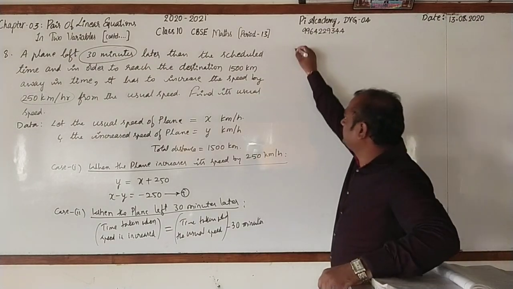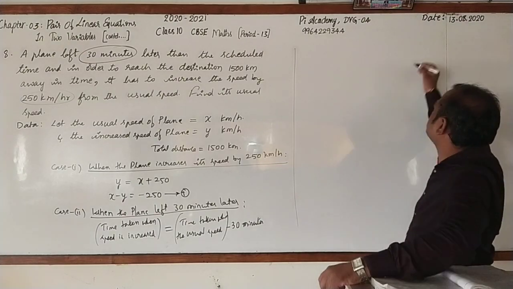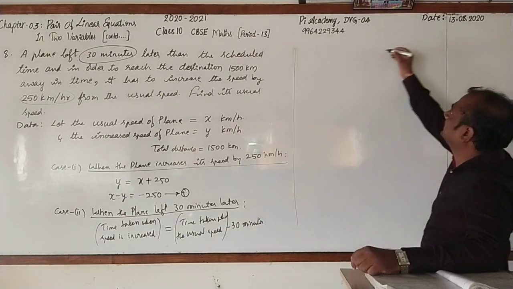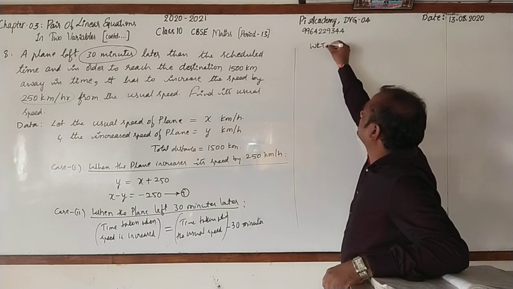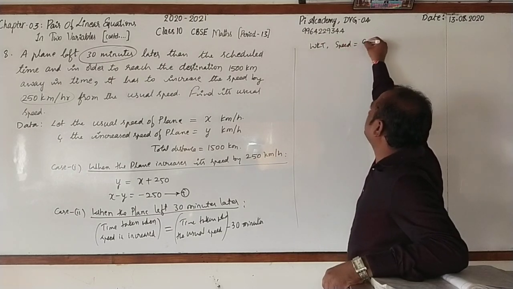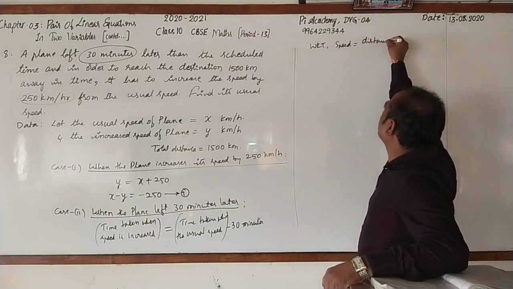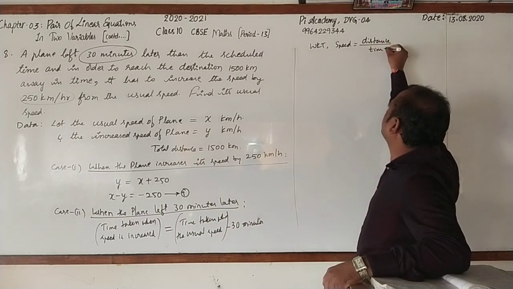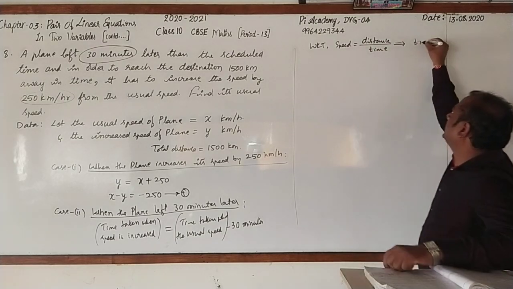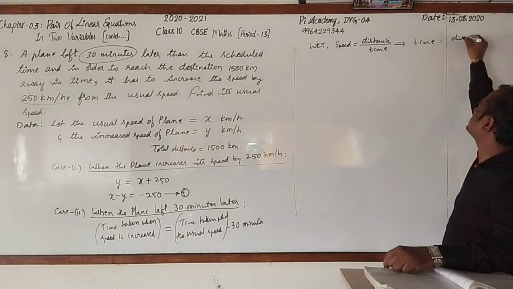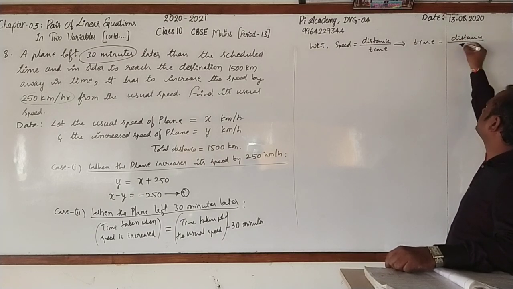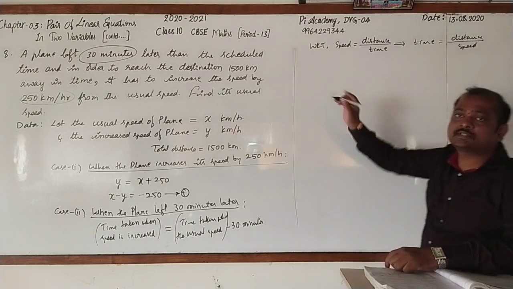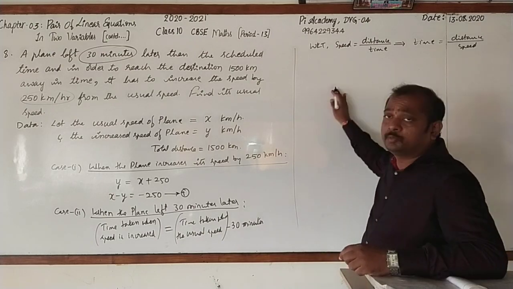See, this is with respect to the speed formula only. What is the speed formula? We know that speed is equal to distance by time. But we want time here, and time is equal to distance by speed. Now, what is the distance to be covered?